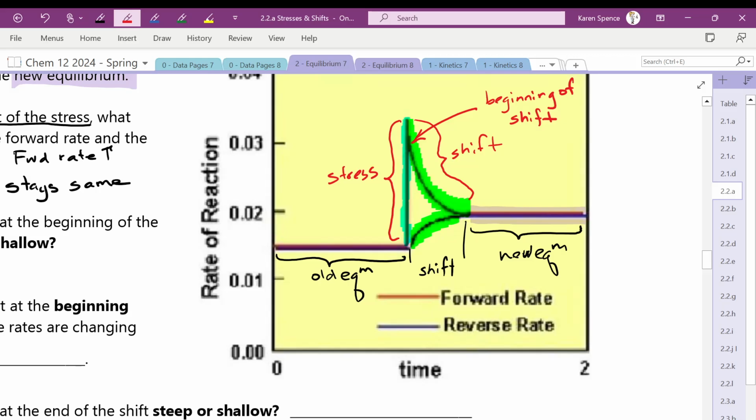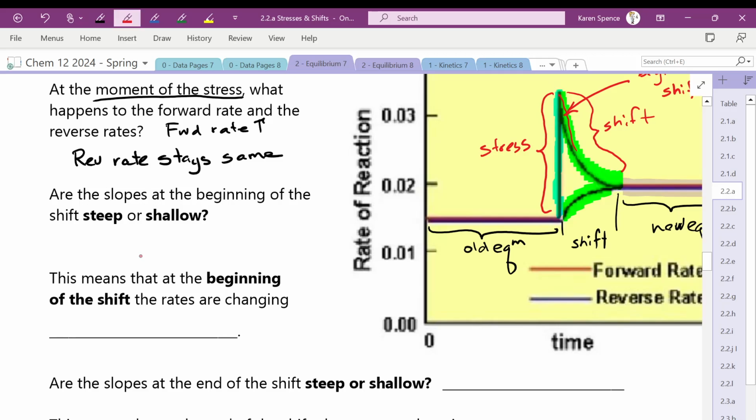Take a look at the beginning of the shift. Is that steep or shallow? It is steep. If you were skiing, or going down a water slide, you'd be freaked out. You'd be like, oh my gosh, this is so scary. So at the beginning, it is steep.